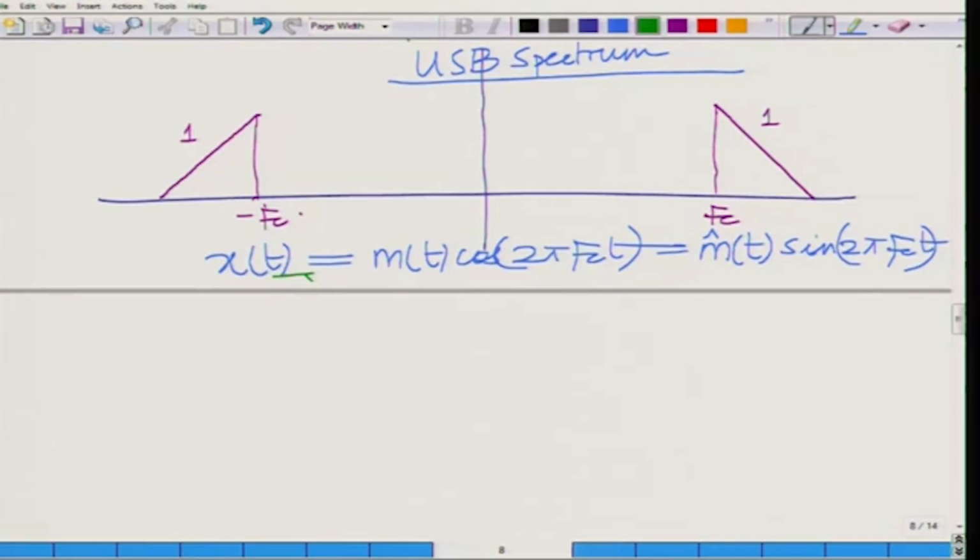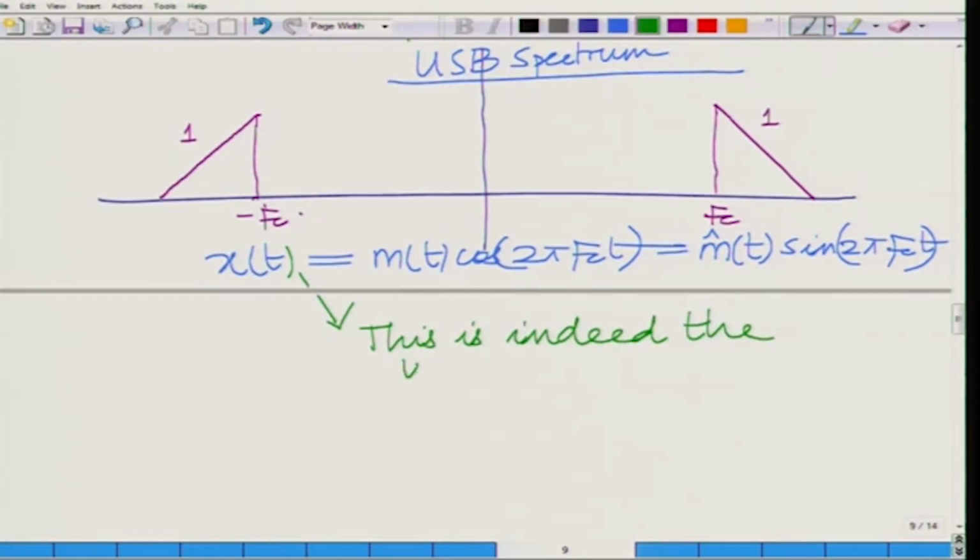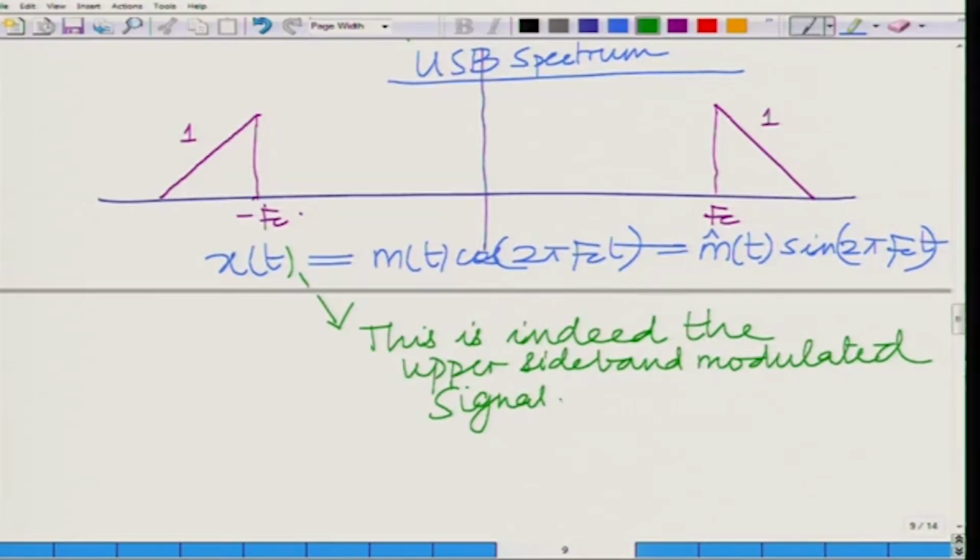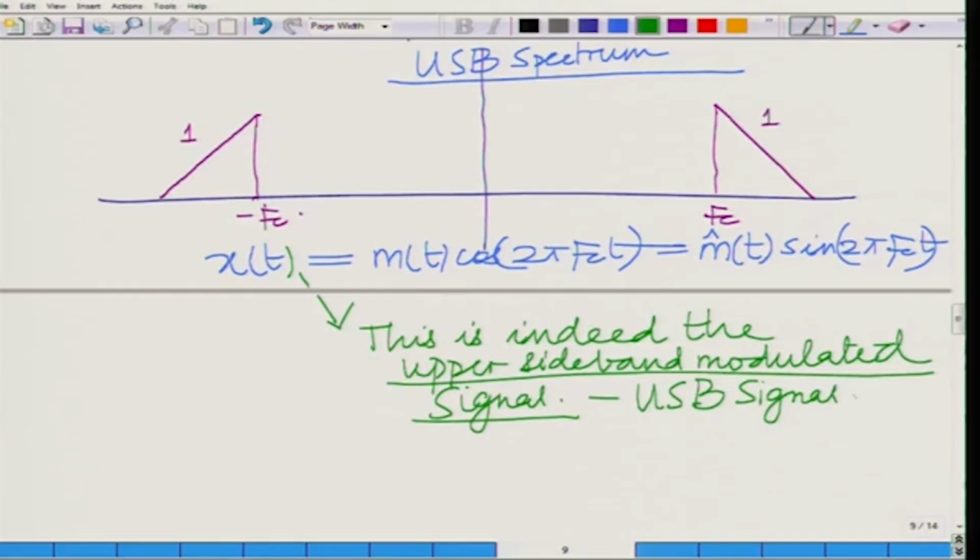What we have shown is that this is indeed the upper sideband modulated signal, or basically the USB signal. Okay, this is indeed the upper sideband.